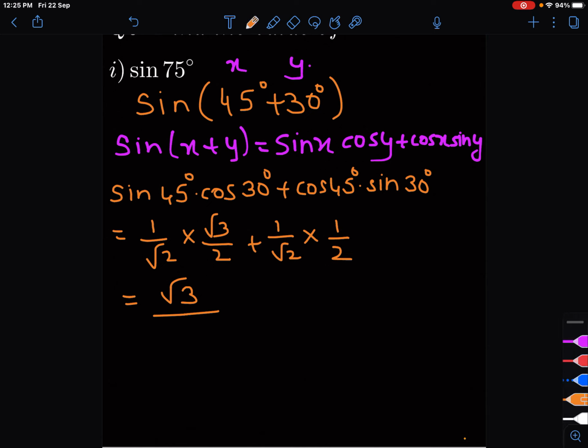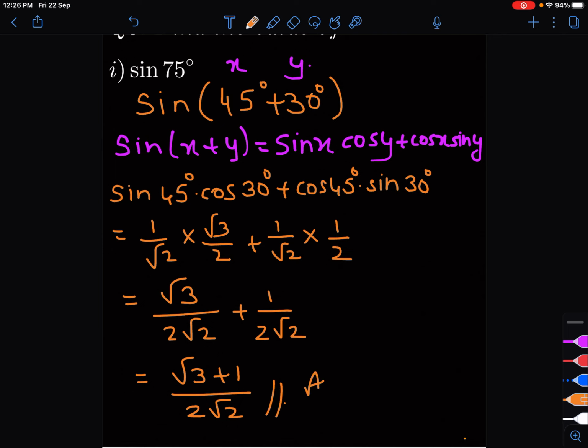What values are we getting? Root 3 by 2 root 2 plus 1 by 2 root 2. So the denominators are same. So we are getting the answer as root 3 plus 1 by 2 root 2. This will be your answer, children. Fine, easy.